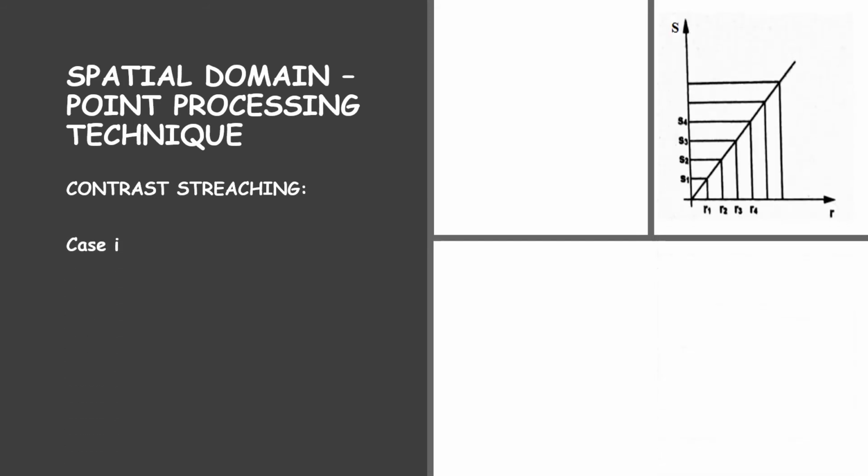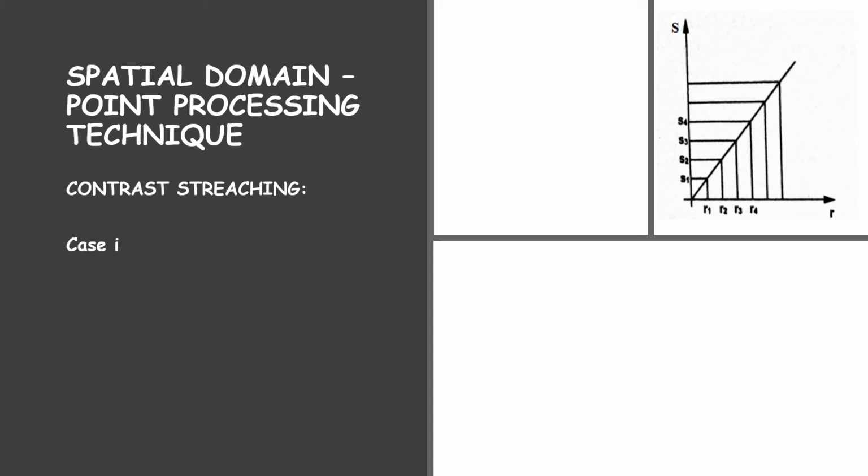Basically we have three cases to define what contrast stretching is and the methods to follow. The first is case 1, where this diagram gives you information on what this case is.